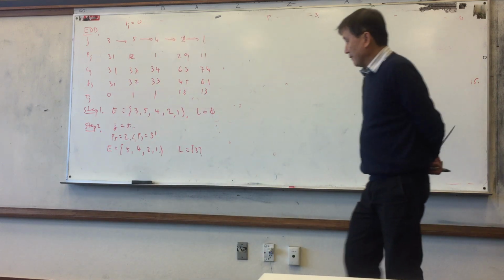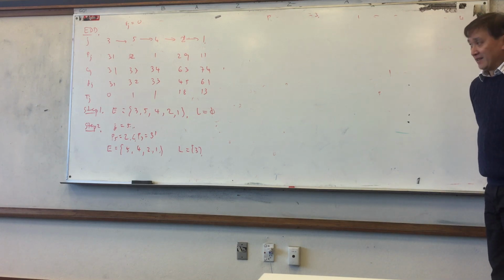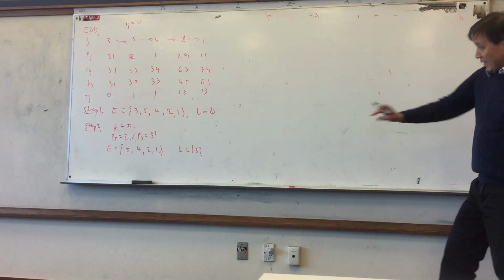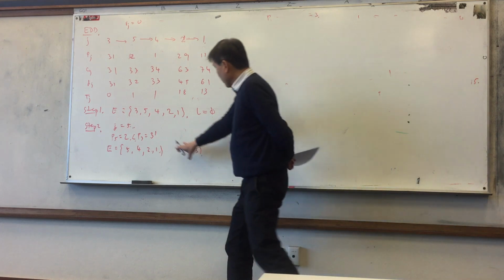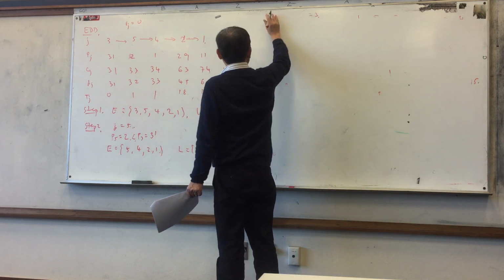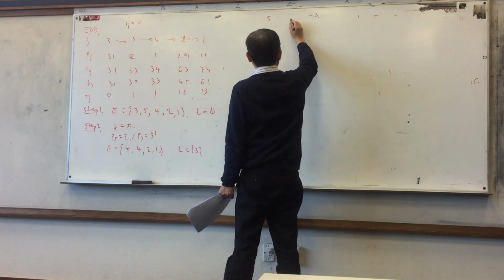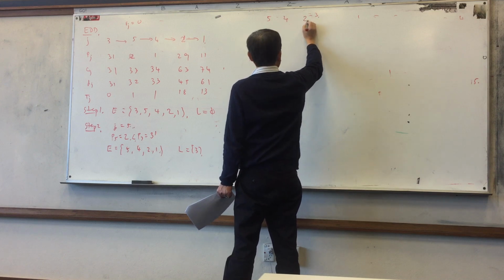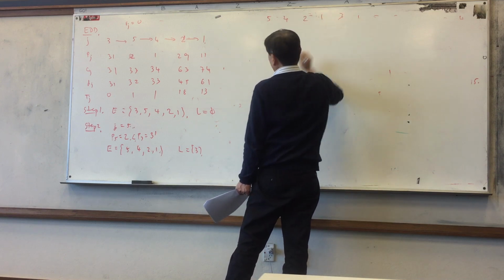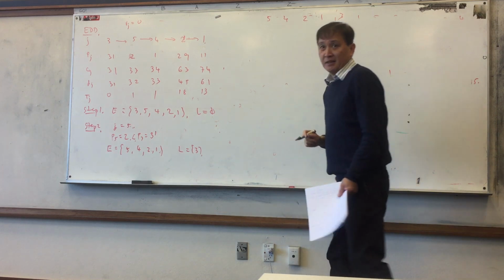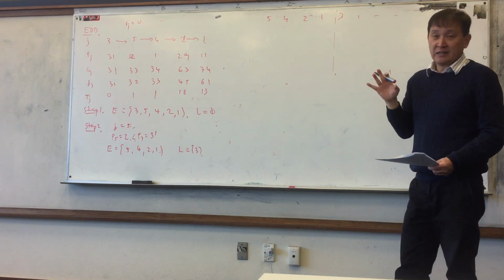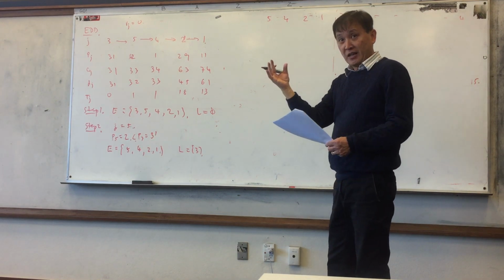That becomes my second iteration. After this iteration, I've got the schedule 5, 4, 2, 1, and 3. I'll put the 3 aside here. Now I'm going to calculate the tardiness time.